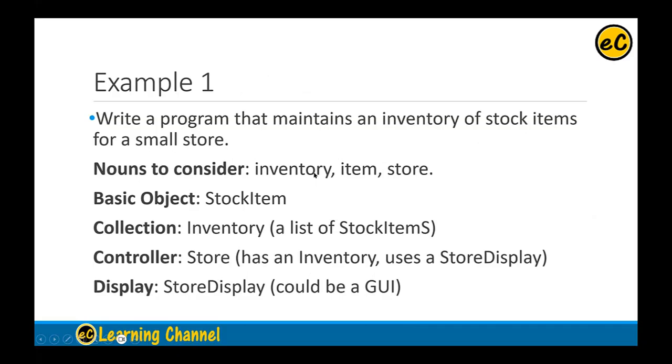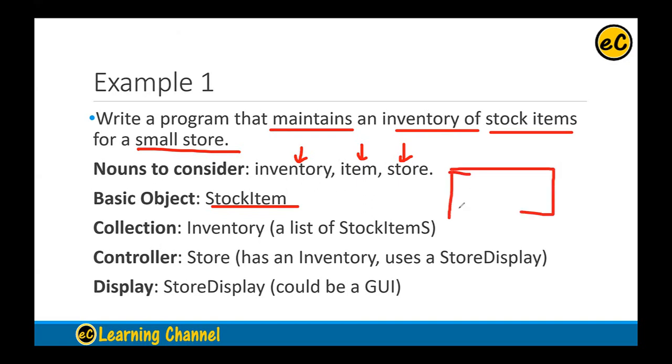Okay, so example number one, if you are to write a program that maintains the inventory of stock items for a small store, then let's look at the nouns. You may have inventory, item, and store. So your basic object is stock item, and then the collection is inventory. So apparently you have a class called inventory, and that has stock items.